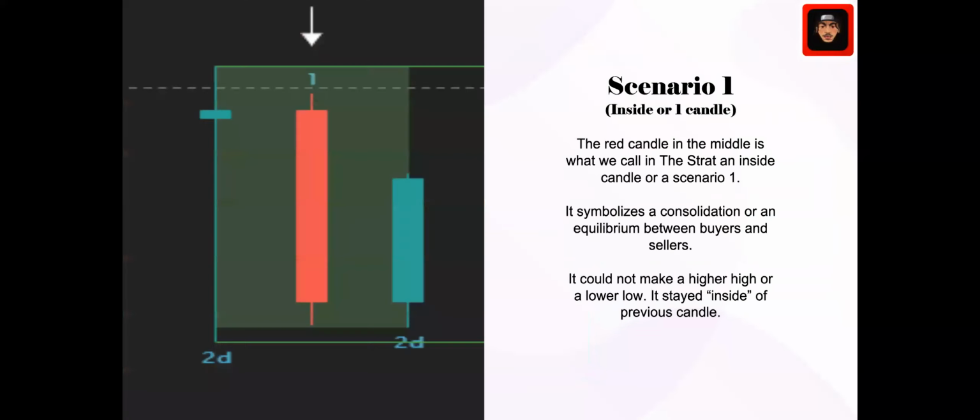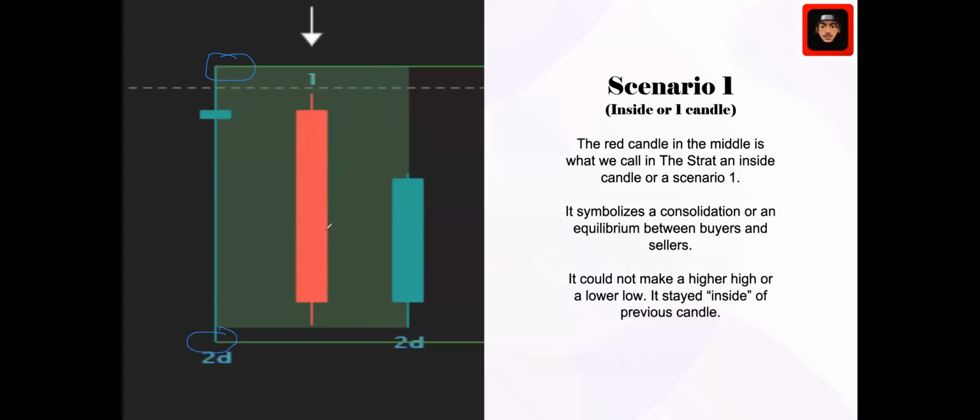Now the strat scenarios. A scenario one is basically a one candle or an inside candle. This red candle in the middle is an inside candle. It doesn't break the high or the low of the previous candle. That is a consolidation, an equilibrium between buyers and sellers.